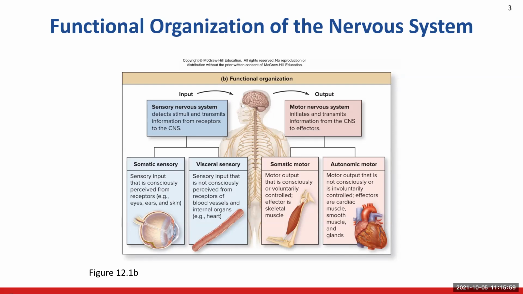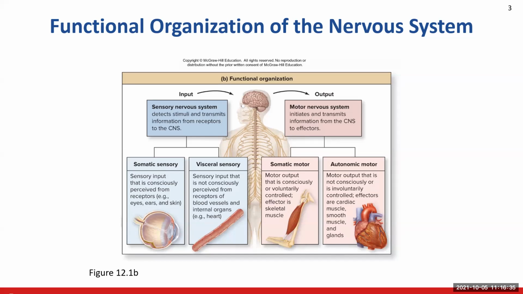Now the visceral sensory, think of viscera, organs. So this sensory input is not consciously perceived. So you don't really notice when your heart rate goes from 66 beats per minute to 68 beats per minute. Or let's get crazy and say 70 beats per minute. You're not really aware of when your blood vessels vasodilate or vasoconstrict by 10 to 20%. You don't know that.